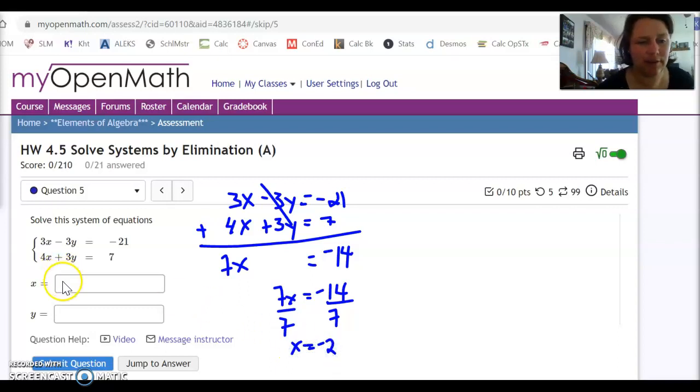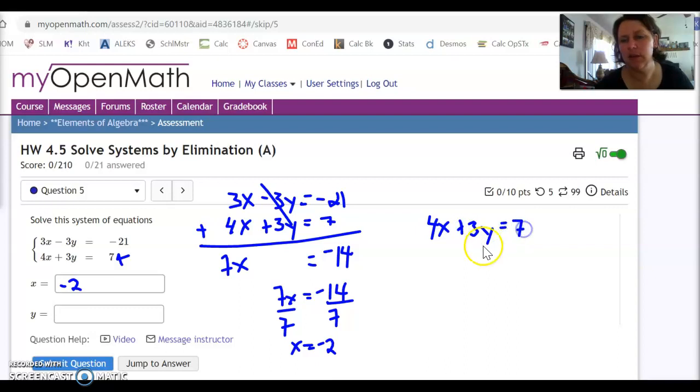All right, so that's half of our answer. Now I'm going to go back here and choose one of these equations. I'm going to choose this one down here because it doesn't have any negatives at all, and rewrite it: 4x plus 3y equals 7. Now I'm going to take what I already know about x and plug it into this equation.